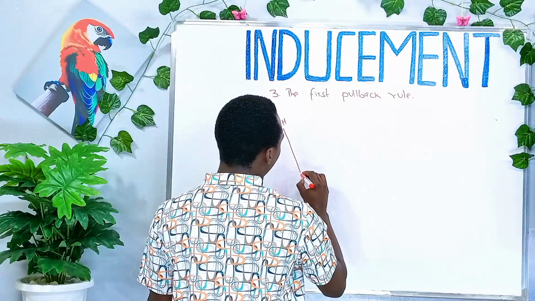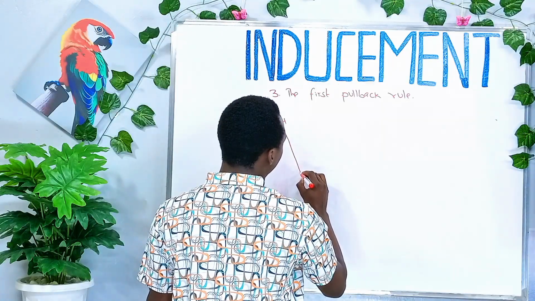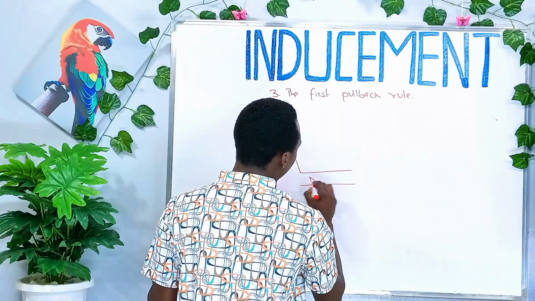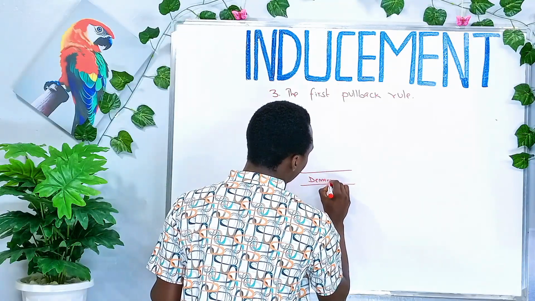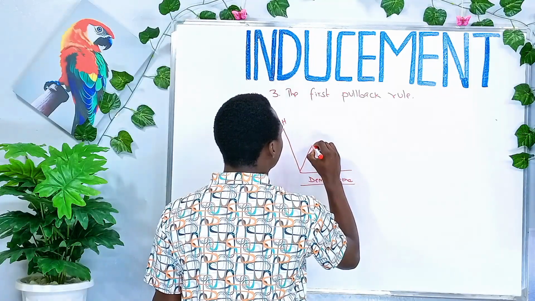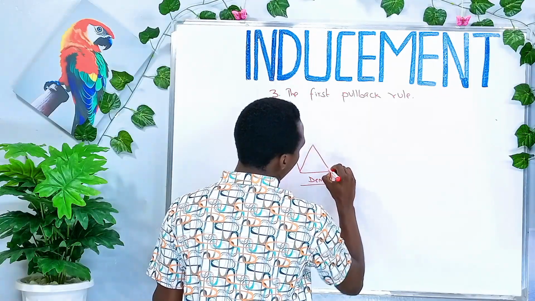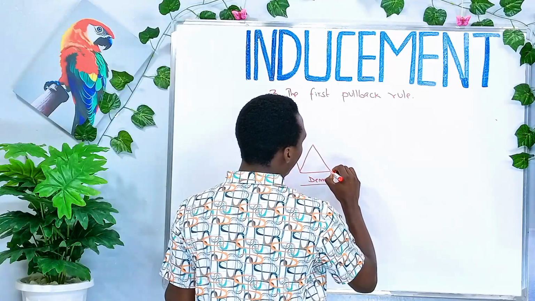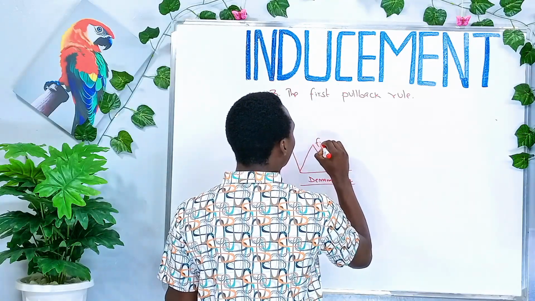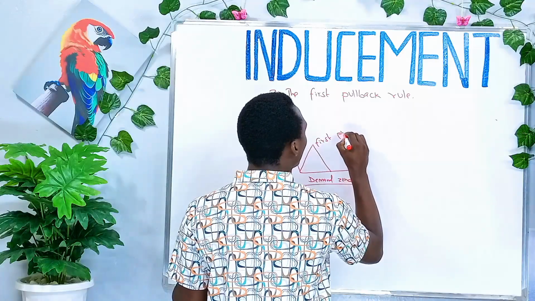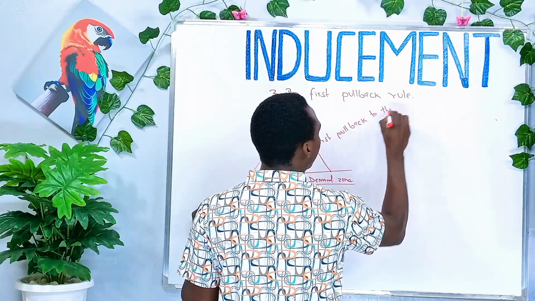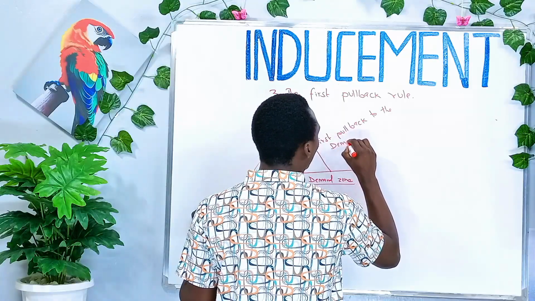This one now forms a demand zone at first. So if the price does this and comes here, this one is the first pullback to the demand zone.